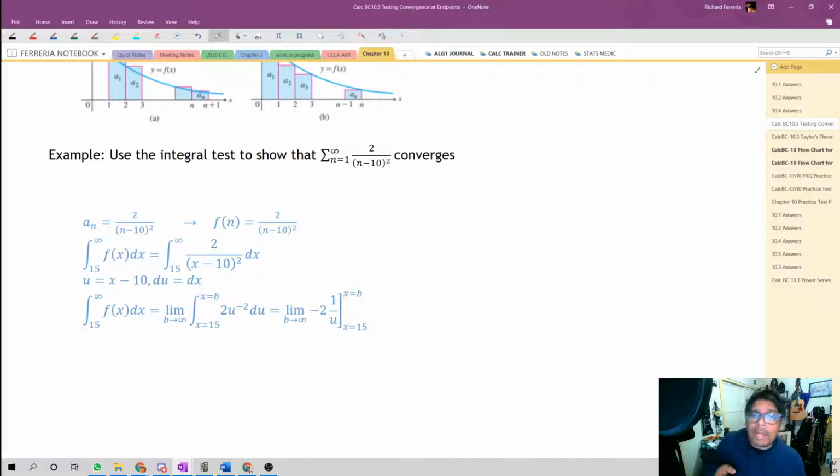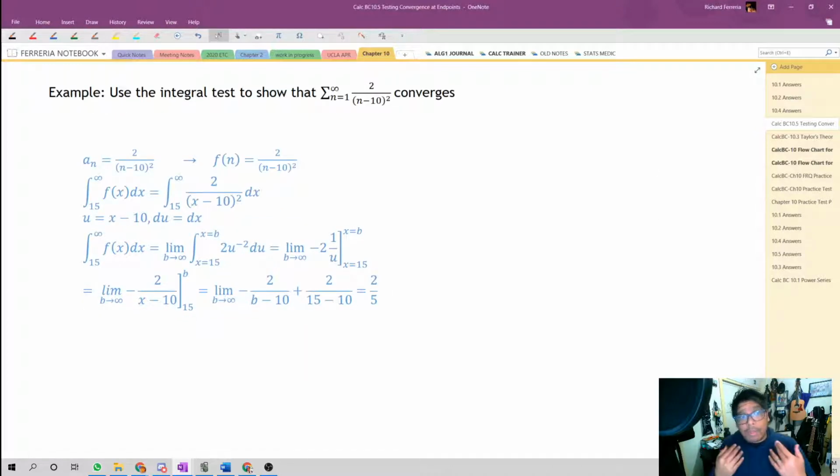If I'm not making a total variable switch, then I like to remind myself that my limits are not in terms of u, but they are actually in terms of x. That way I don't accidentally substitute the wrong number in the wrong place. In any case, when you integrate 2u to the negative 2, you get negative 2 over u, and of course we're going from x equals 15 to x equals b.